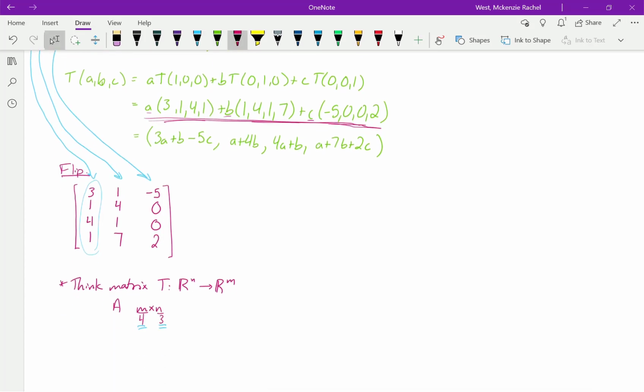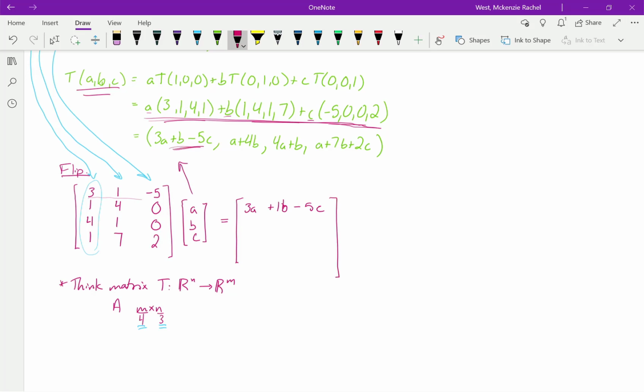And let's go ahead and just test what happens if we multiply this by the vector (a, b, c), kind of like we did above. All right. And what we get is take our first row times our column. Our first entry is 3a plus 1b minus 5c, which is exactly the first entry that we got above.